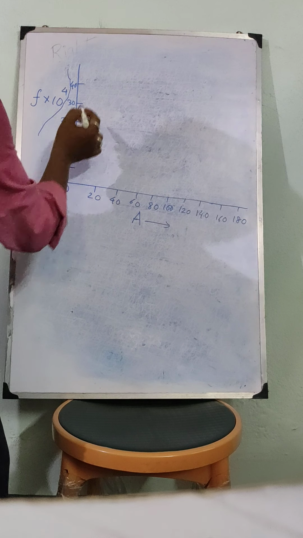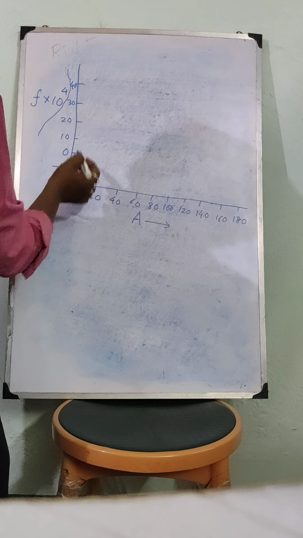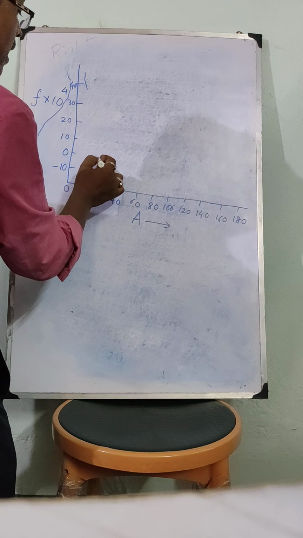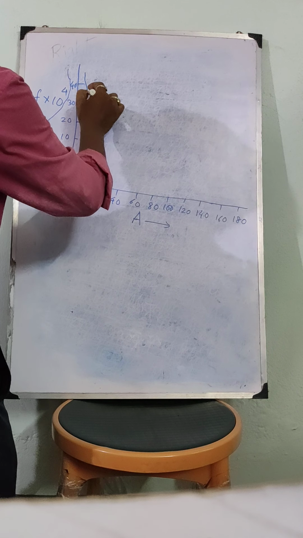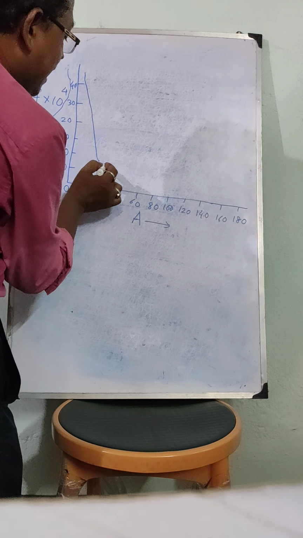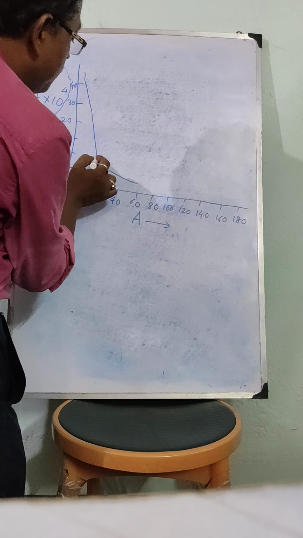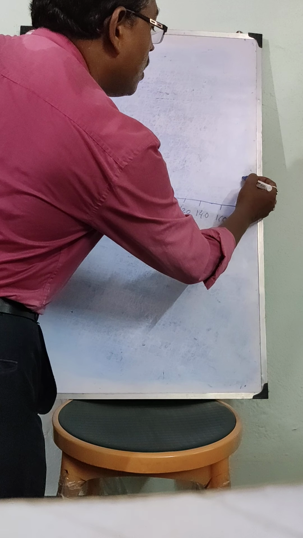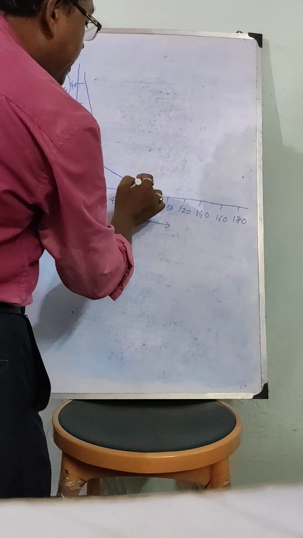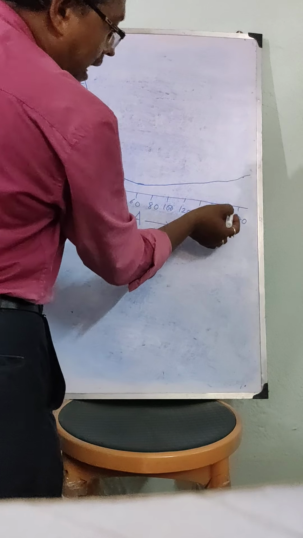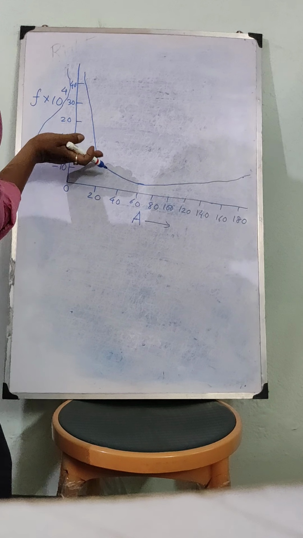Here I have 0. So when the mass number is less than 20, it has a very high positive value, and at 20 it becomes negative, and at 60 it attains a minimum, and then it gradually increases, and above 180 it again becomes positive.